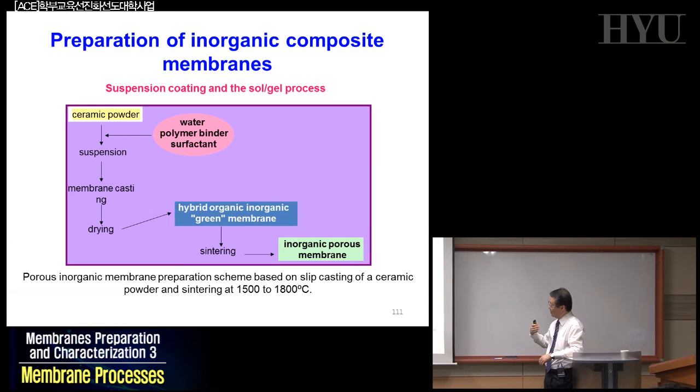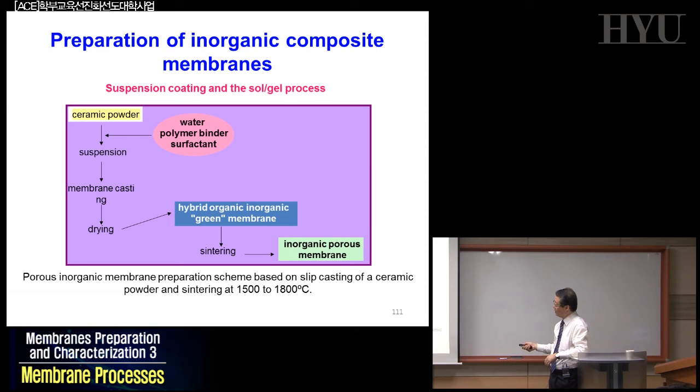Then cast the membrane and dry it, and what you get is called a hybrid organic-inorganic green membrane. A green membrane is intermediate. It's not a real membrane, but it's a handleable membrane. It's like a draft membrane, and then you sinter it and make a real membrane.